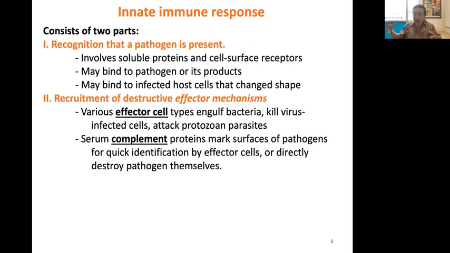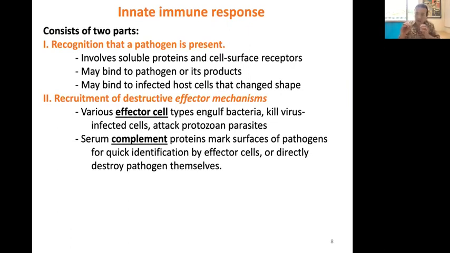Some of these are not actually full-blown cells themselves, but certain proteins that are part of our innate immune system can actually directly attack and destroy targets as well. Examples of these are a family of proteins known as complement proteins that are abundant in the serum of your blood. You're filled with these complement proteins. They're made by your liver, and they're constantly flowing through your blood, waiting to bind to certain types of generic targets.